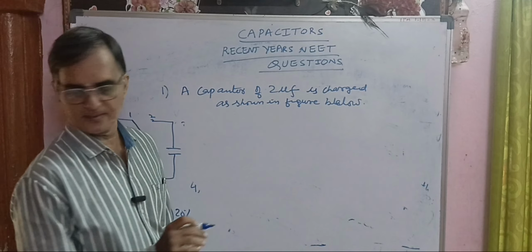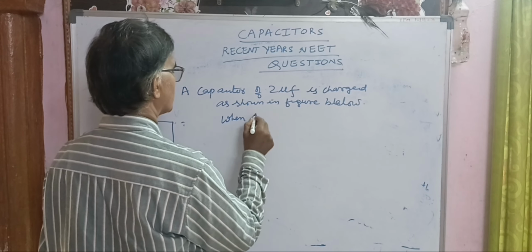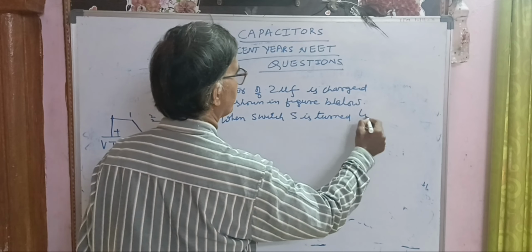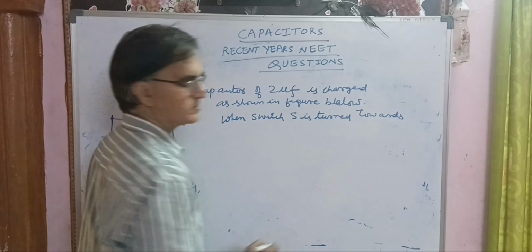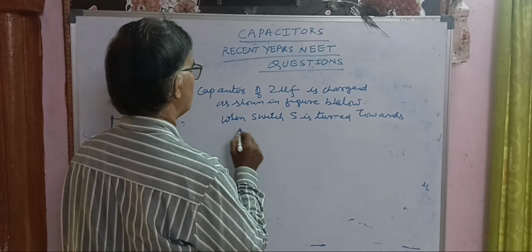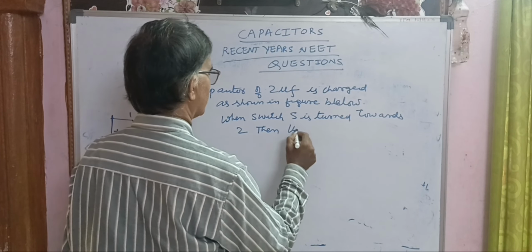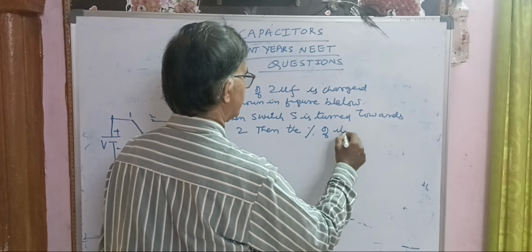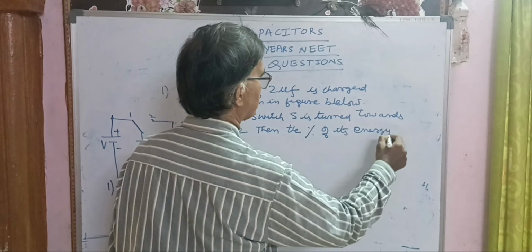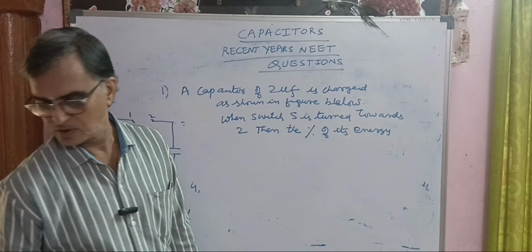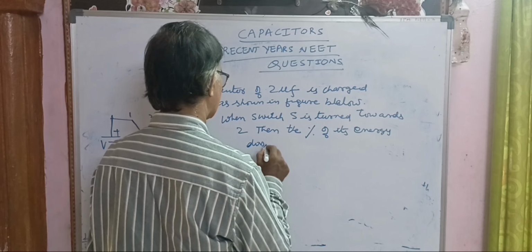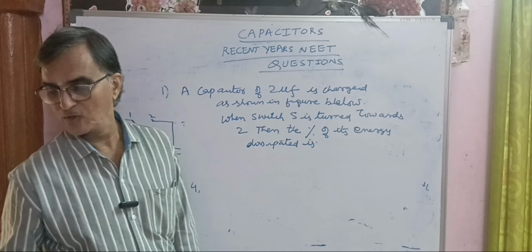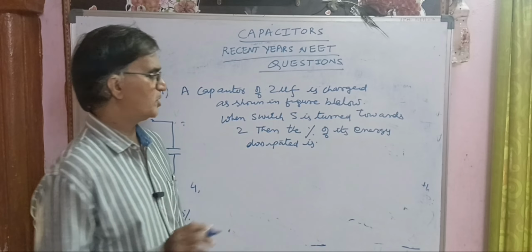When switch S is turned towards 2, then the percentage of energy dissipated is. Now in this case what you need to do is you have to use this formula.